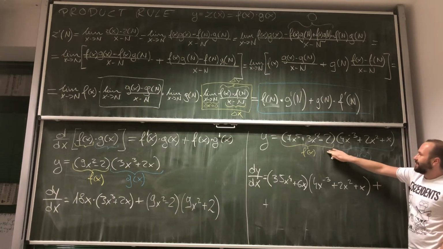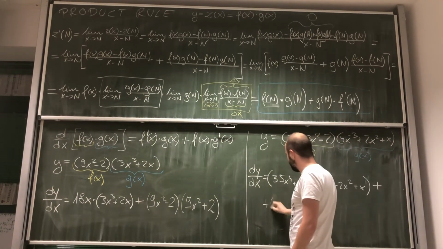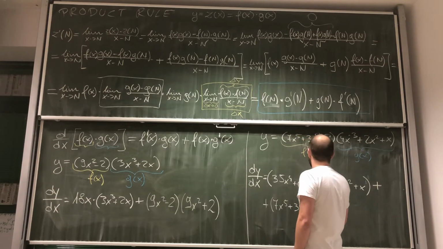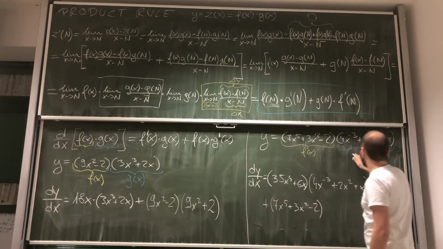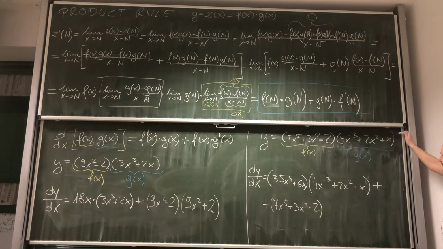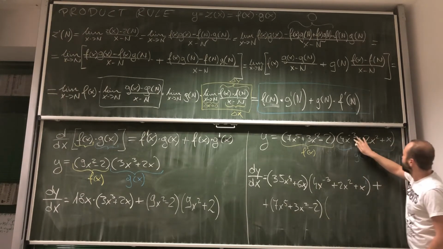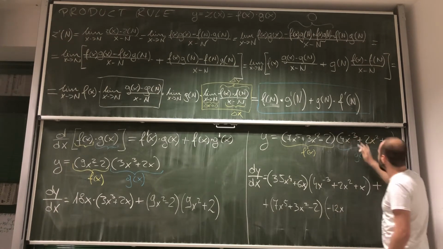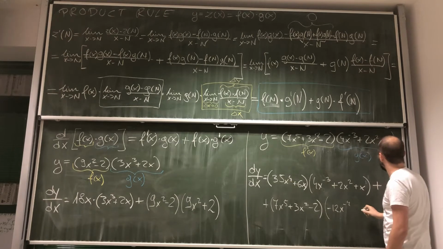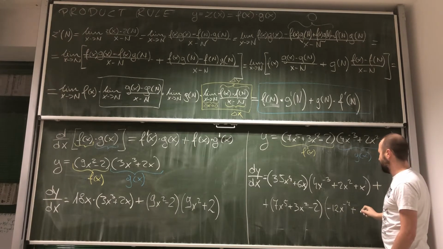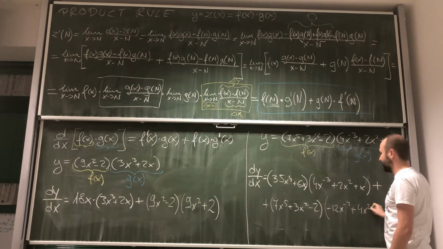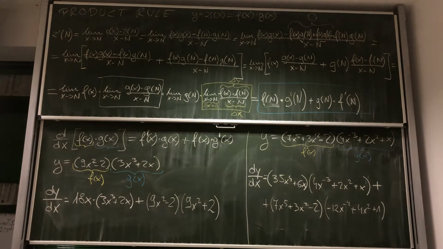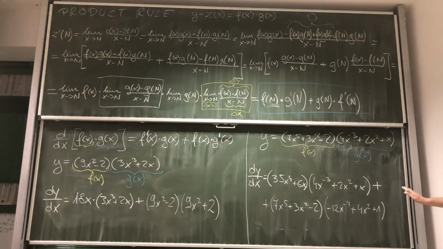I rewrite the first function, 7x to the power of 5 plus 3x squared minus 2. And then I differentiate the second function, so I get negative 12x to the power of negative 4 plus 4x squared plus 1. Again, this is our result.